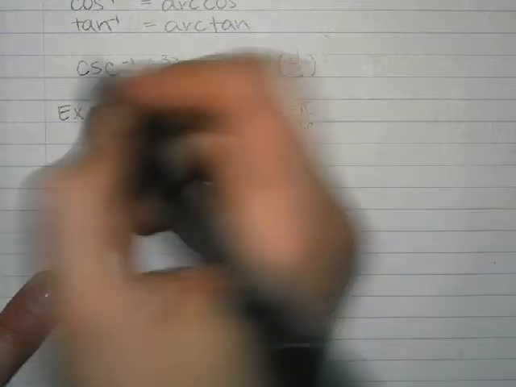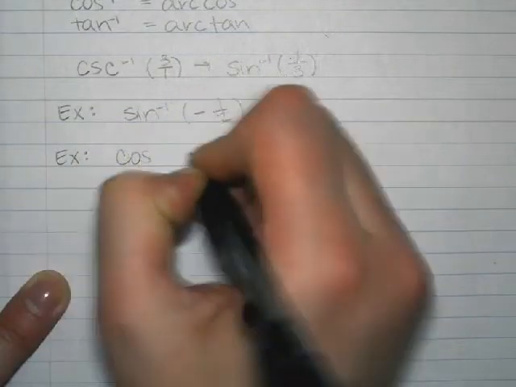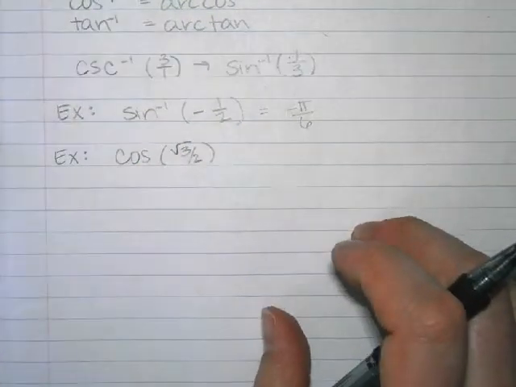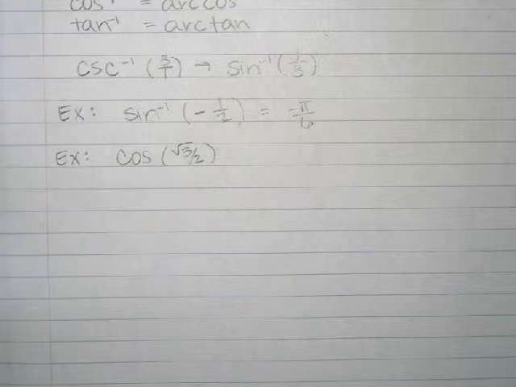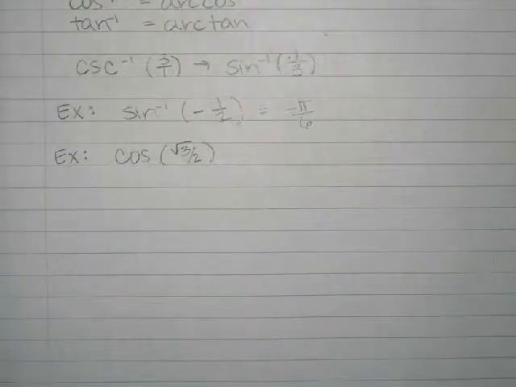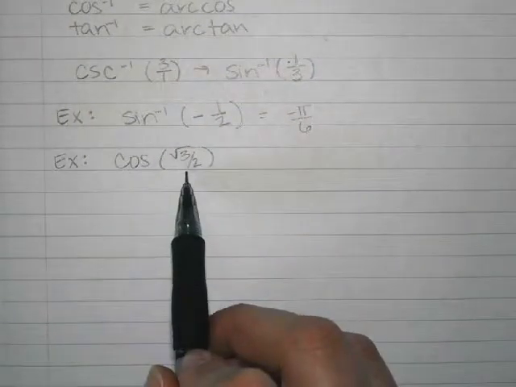Okay? Here's another example. We'll do cos of root 3 over 2. So on your unit circle, you're going to cover up quadrants 3 and 4, and you're going to look to see where there is an x value of root 3 over 2.